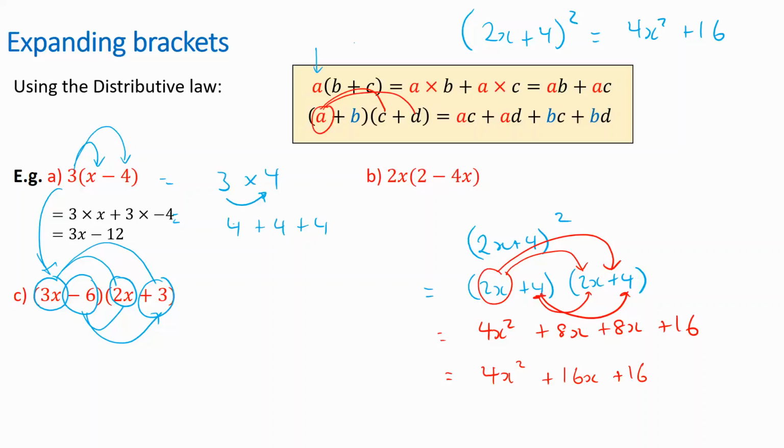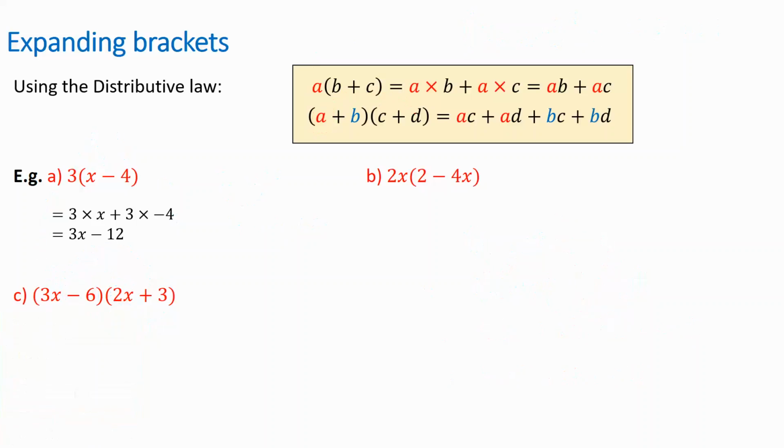What's the formula like a squared plus 2ab plus b squared? That's it. And that's the one we're going to learn too. So for today, let's do some expansions now. So, here we go. Same thing with the second one. We're now doing 2x multiplied to 2, and then 2x multiplied to negative 4x. That's what I have here.